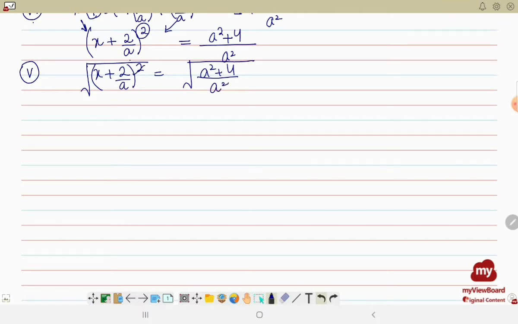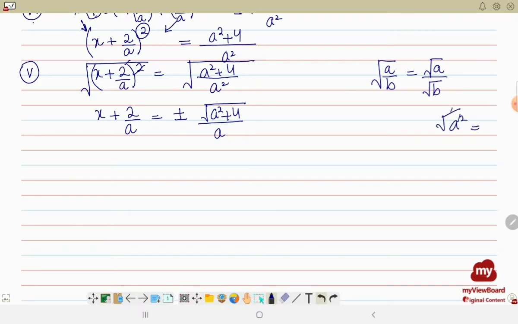So square will get cancelled by the root, so we are left with x plus 2 by a, and on the right hand side plus minus of square root of a square plus 4 divided by a, because it is the property of a radical sign that if it is on a complete fraction, then you can even write it separately like this. So if you take the square root of a square, it will come out to be a. And in the next step of working, since we have to just find out the value of x, we'll take this term to the other side.